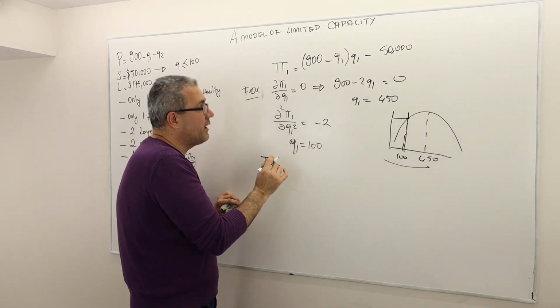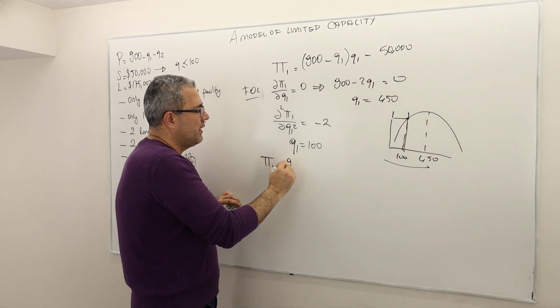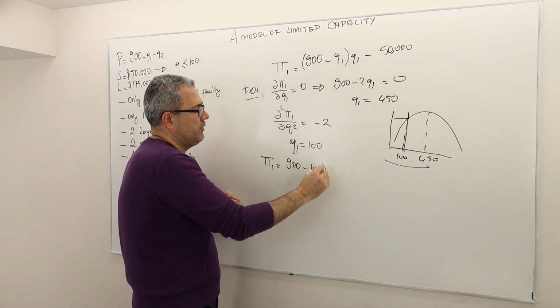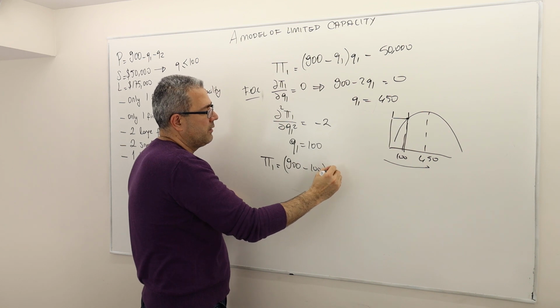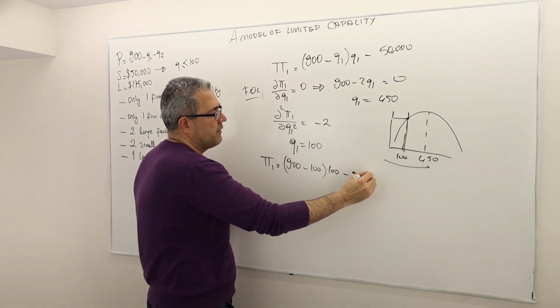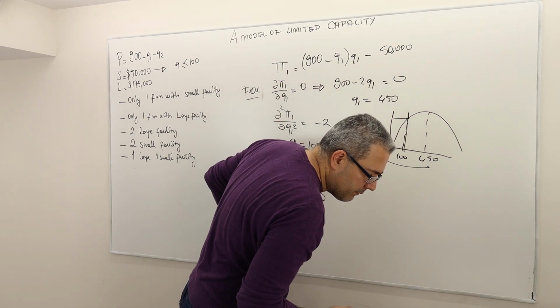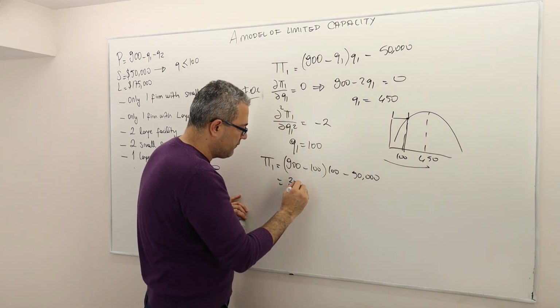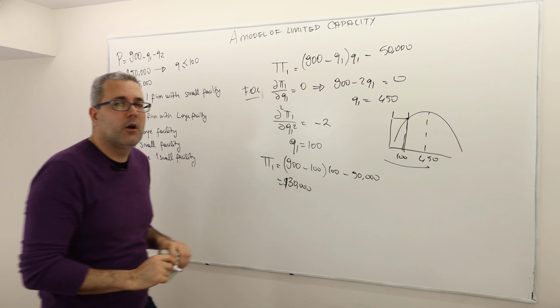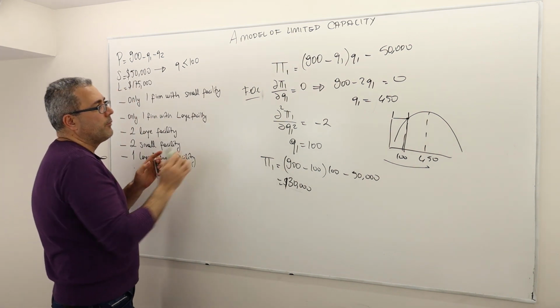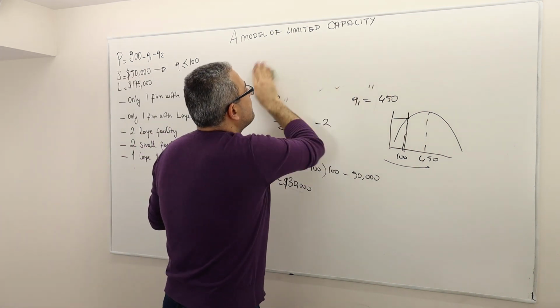So the profit that I need to calculate is 900 minus 100 times 100, minus 50,000, which is the fixed cost. So therefore, the profit is going to be $30,000.